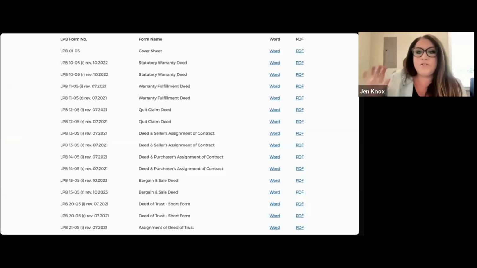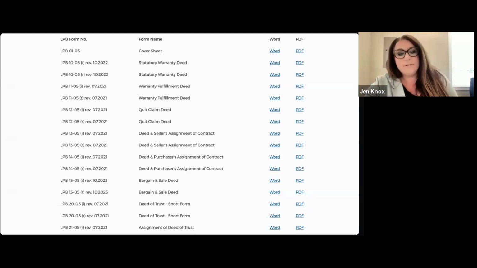This is just a screenshot of some of the forms that are available through the Limited Practice Board and might be needed to go with the Seller Financing Addendum. As a reference point, you're going to be identified on which forms are required in each line item. And just as a general rule of thumb, when it has a little I in parentheses, that means it's for an individual person, and an R means it's for a representative of maybe an entity.